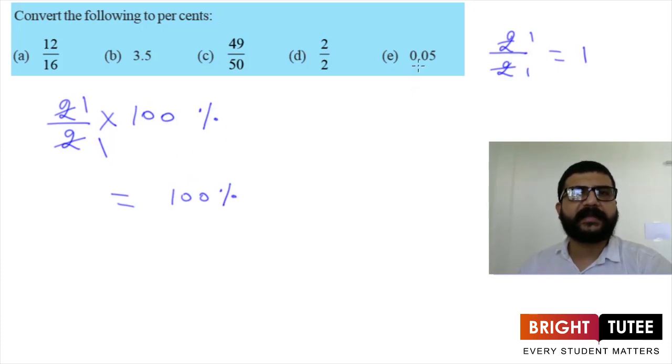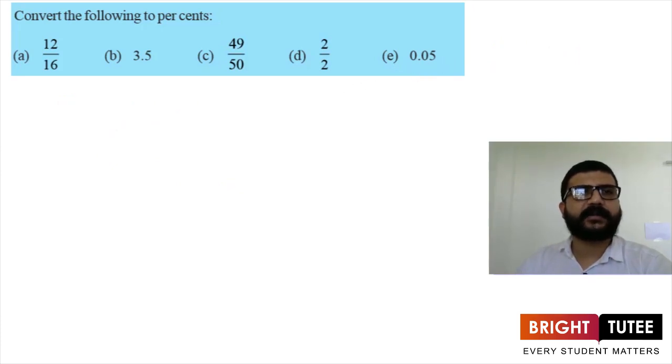And the next part here is a decimal, which is 0.05. Now we have to convert this into a percent. What will be the fractional representation of this number? It will be 5 upon 100. We just removed the decimal and put 1 in the denominator, and we put as many zeros as the number of digits we have after the decimal point.